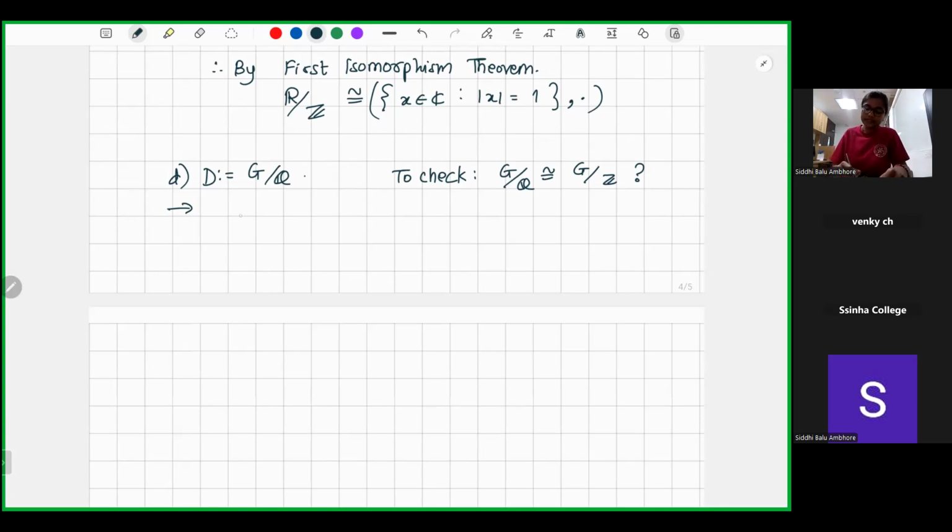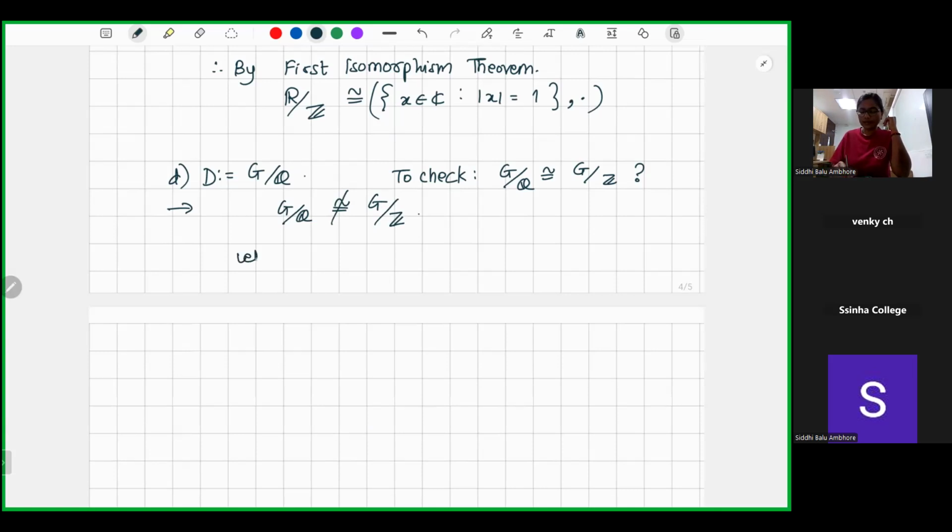Okay, so this is again not true. Let me write: G quotiented by Q is not isomorphic to G quotiented by Z. The reason being, note that in G quotiented by Z, there are non-zero elements which have finite order.